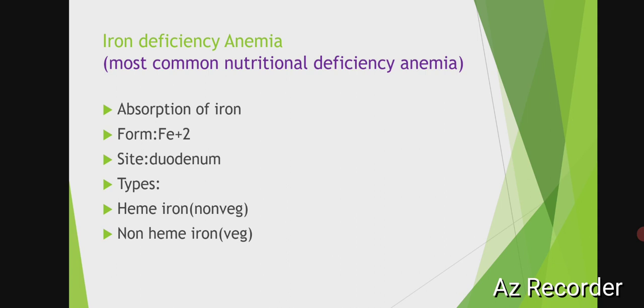Heme iron is present in non-veg and easily absorbable, and non-heme iron is present in vegetables or veg patient, and that is in the form of Fe+3, which is converted into Fe+2, and then Fe+2 form is absorbed by the divalent metal transporter 1, DMT1.